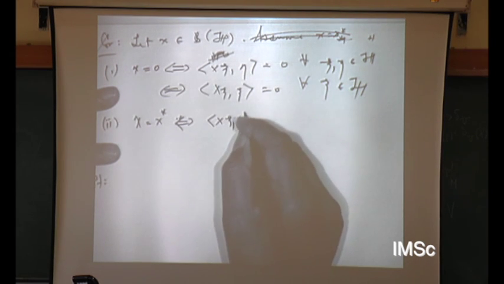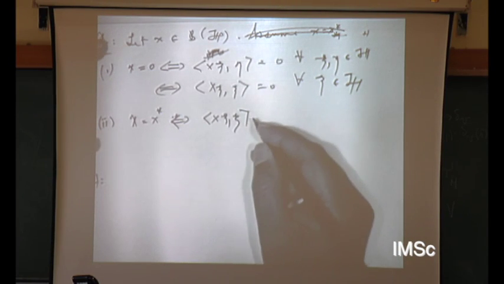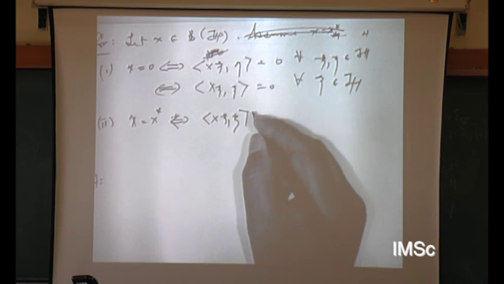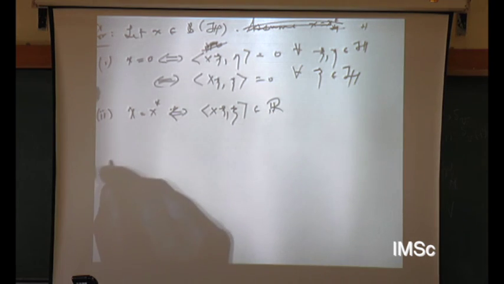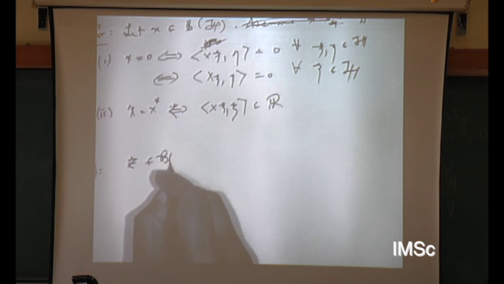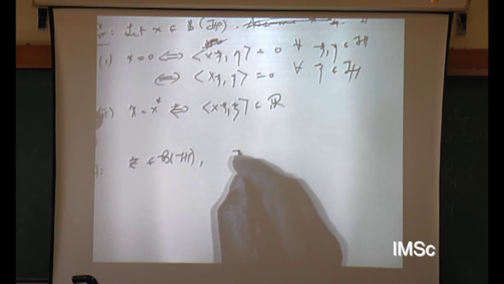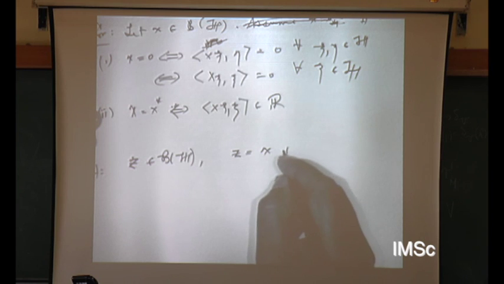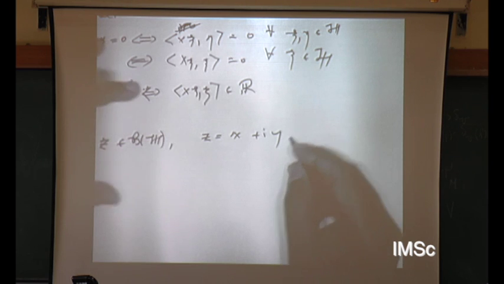If and only if ⟨xψ, ψ⟩ is real. Okay, so the proof, notice that z will be a weight, and if you take the unique Cartesian decomposition where x, y are self-adjoint, right?